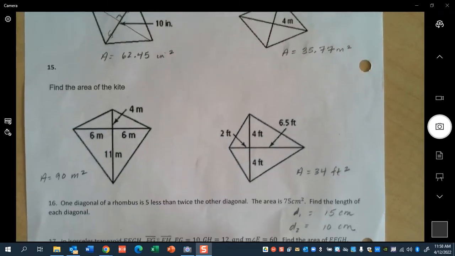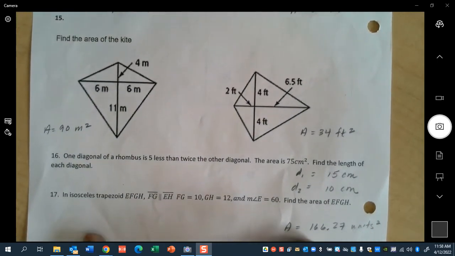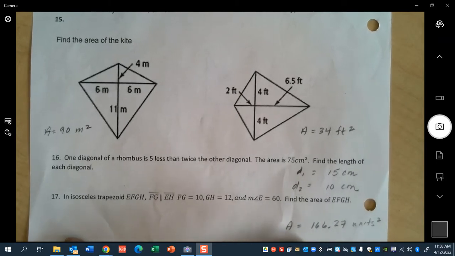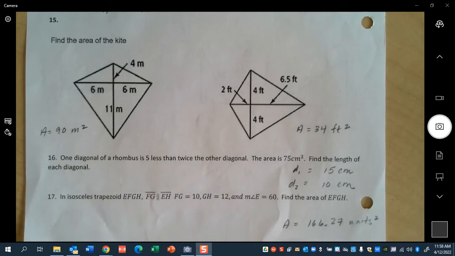For our kites, 1/2 the product of the diagonals. And then 16 and 17 when it's not drawn out for you. If those were tricky for you, check out the key on Schoology. That's where I take the time to write out all of my calculations, so you can look there. Sound okay? All right. Awesome.